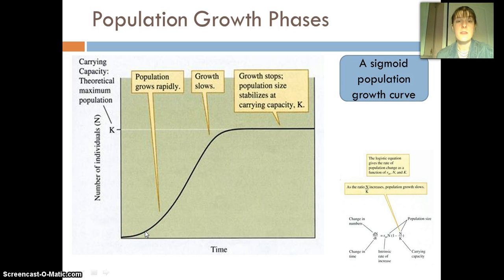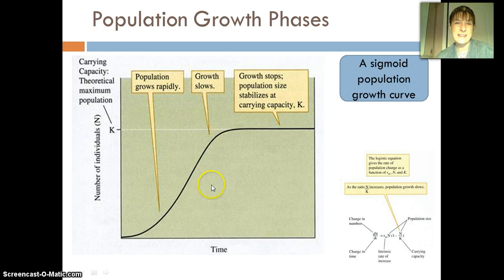Then all of their babies can have babies, and the population is going to grow really rapidly. During this time, there's going to be tons of food, tons of space. There's not going to be much disease. There's not a lot of competition from other stuff going on there. That is going to allow the population to grow really quickly.